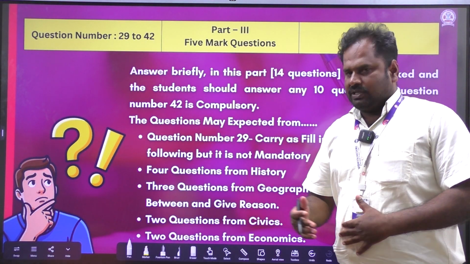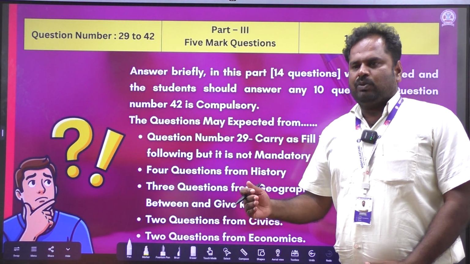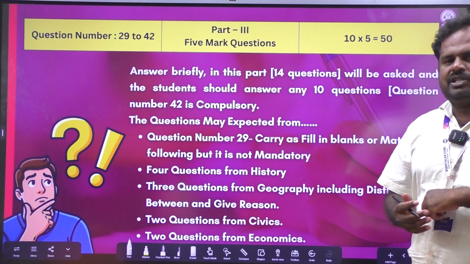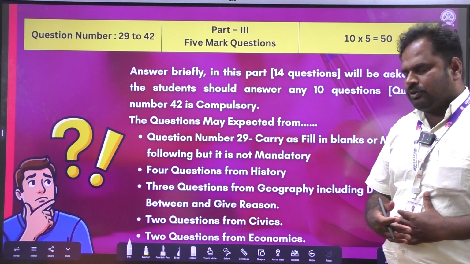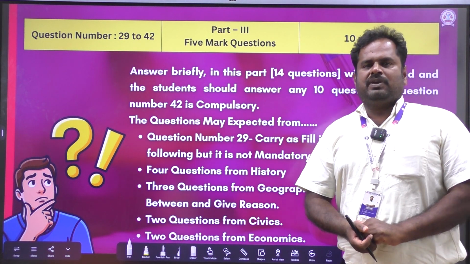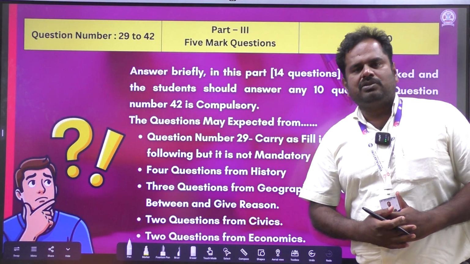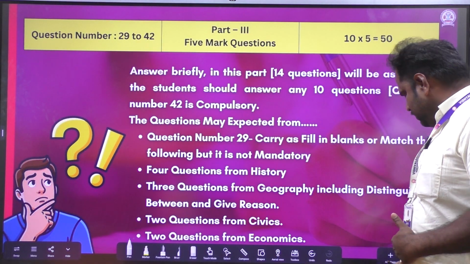Sometimes it may be omitted. So you have to prepare 1 mark questions as well as long answers. Then 4 questions from history, 3 questions from geography, including distinguish between and give reason, 2 questions from civics and 2 questions from economics.